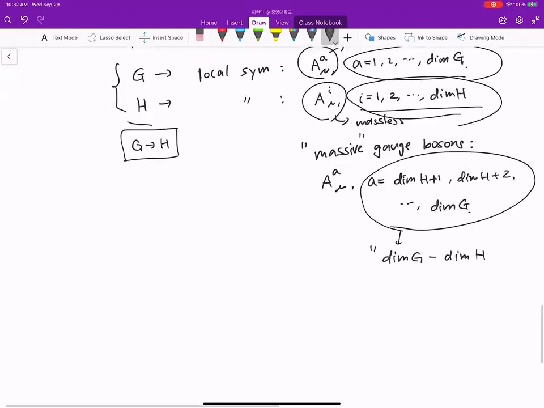So you have the number of broken generators. I think the number of broken generators is the same as in the global symmetry. The difference is that we have gauge bosons. In the case of global symmetry, there is no gauge boson. For massive gauge bosons, we know that there is a longitudinal polarization.